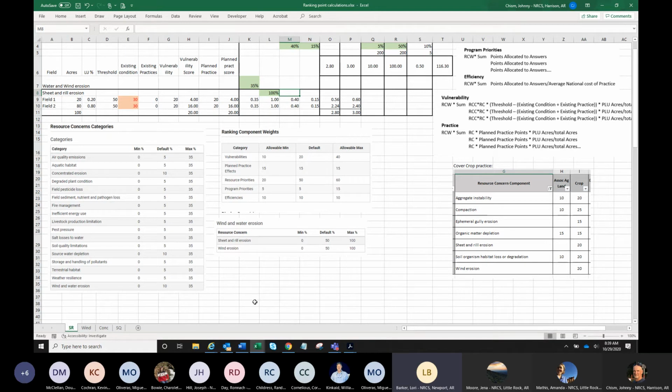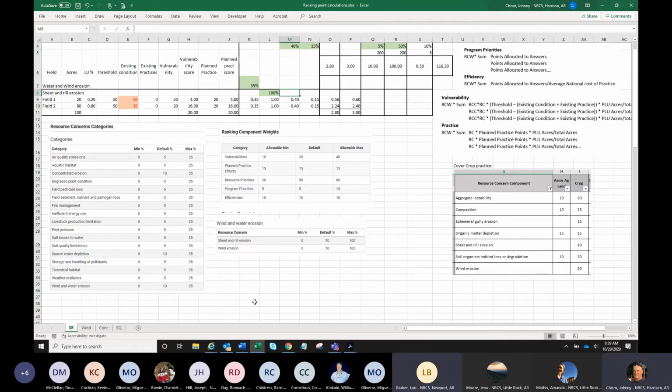Apparently the allowable maxes have changed because I don't remember being 60 last year, but I would put more emphasis there so I could get them in their program questions, but maybe that's not exactly where we need to be pulling towards. Maybe plan practice effects and vulnerability need to weigh a little bit more.